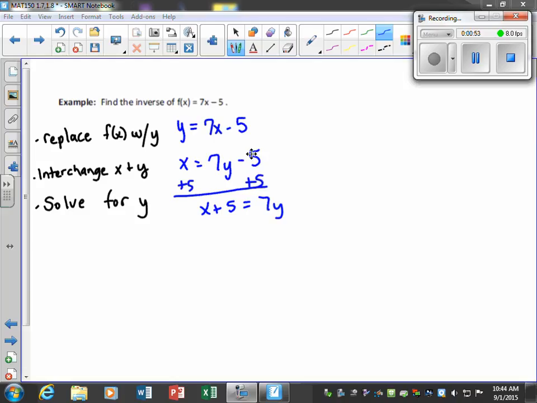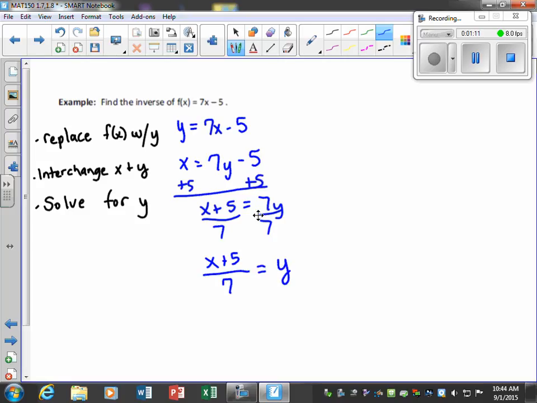So first thing I'm going to do is add 5: x plus 5 is equal to 7y, and we're solving for y, so we want to get y by itself. So we continue out, and we get x plus 5 over 7 is equal to y.